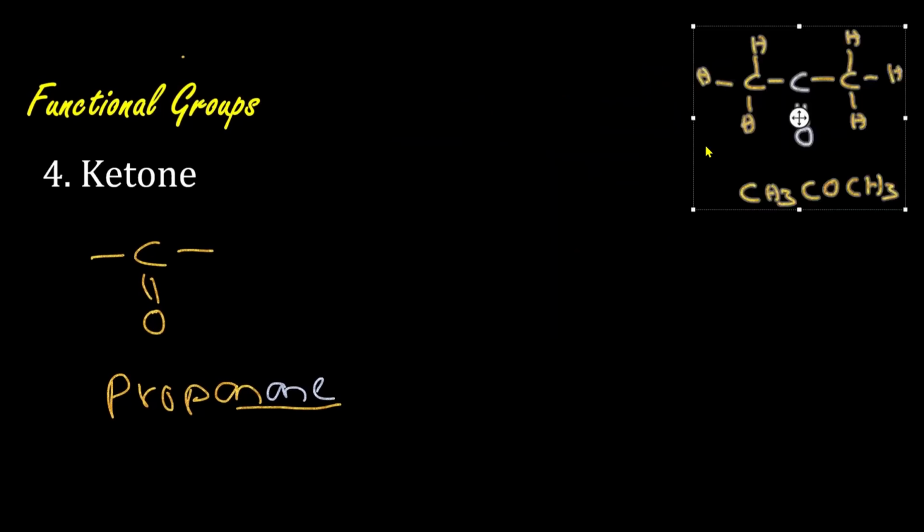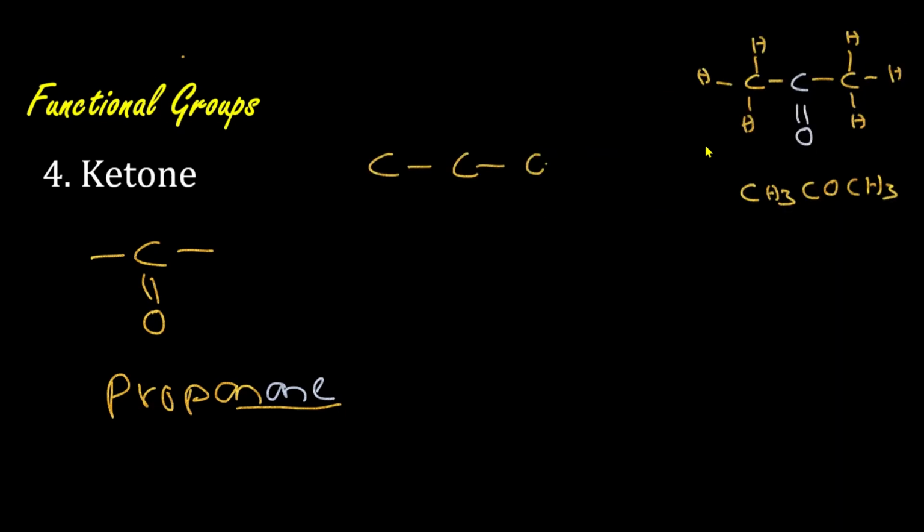Now I'll take 4 carbon atoms in a straight chain. So we have a choice here: either the double bond can be present with this carbon or with this one. This is because the ketone-forming carbon has a bond on either side with carbon only. Now I'll put hydrogen here. The next carbon atom has no unsatisfied valency, this has two unsatisfied valencies, and this has three.